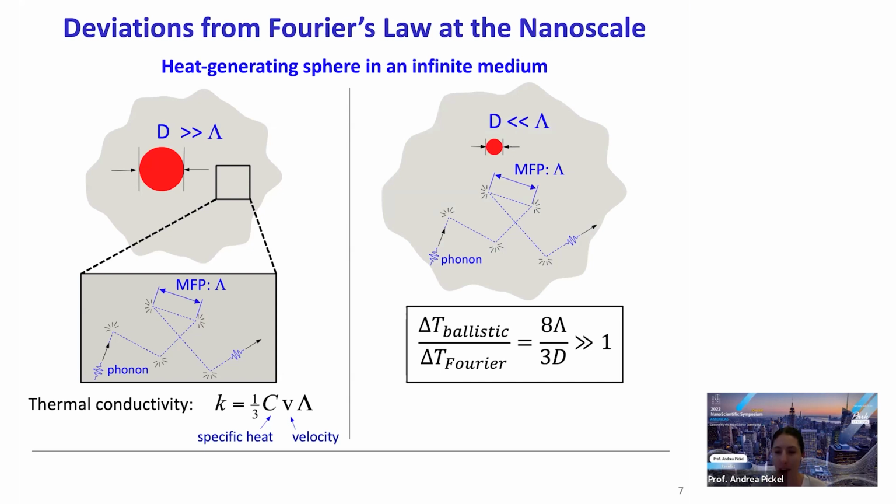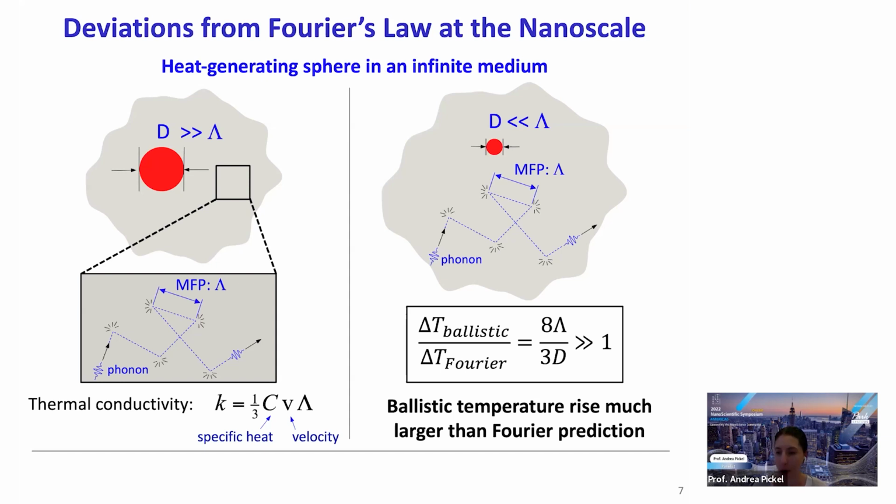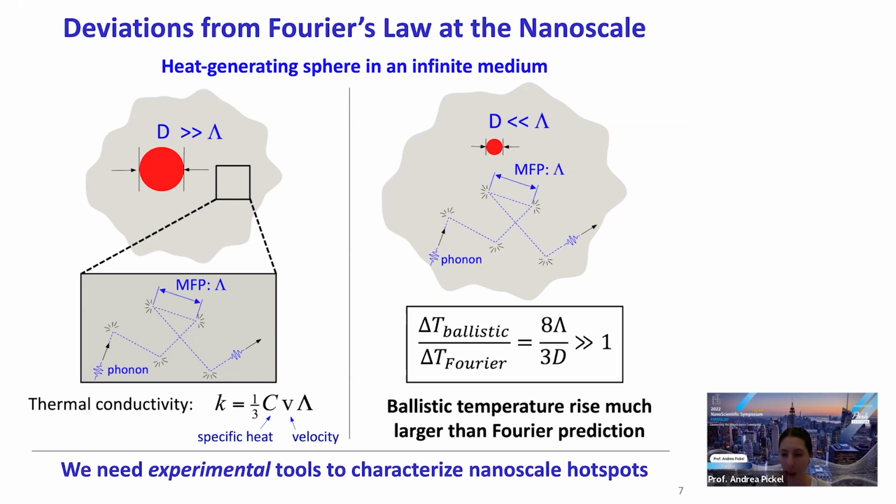And what we find is that the ballistic temperature rise is much larger than what Fourier's law predicts when the diameter of our sphere is much smaller than that mean free path lambda. And so in more complicated nanoscale geometries and systems, we can again expect these kinds of deviations from classical laws, but the details really aren't that well understood. And so that's why we really need experimental tools to study and account for these kinds of effects.